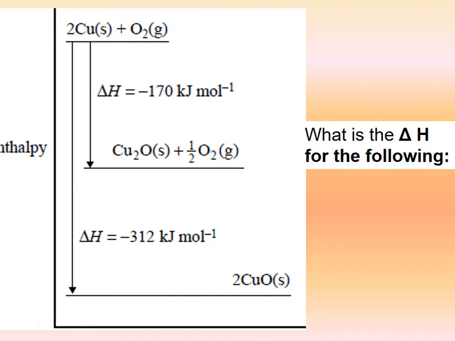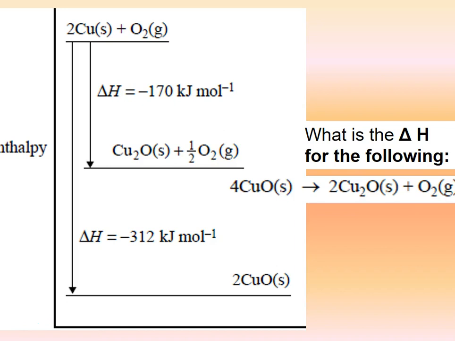What is the change in H for the following reaction? So this particular reaction, you find where this is. So here, the products of both of these is this reactant. So we're going from this reactant to this one. Okay, so we're going from here to here. So we want to know what this gap is. As well as going from here to here, this is not exactly the same. It's double. So we're doing this twice.